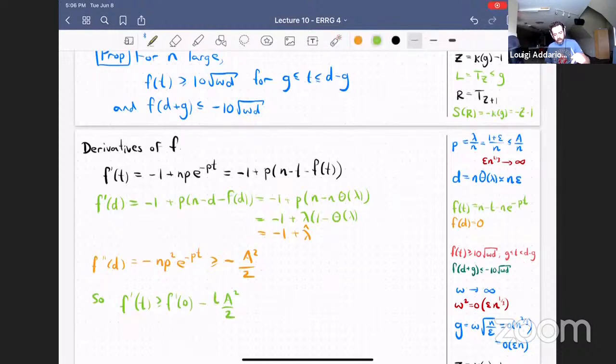Okay. Well, what's f prime at 0? It's np minus 1, because at t equals 0, the e to the minus pt just gives me 1.